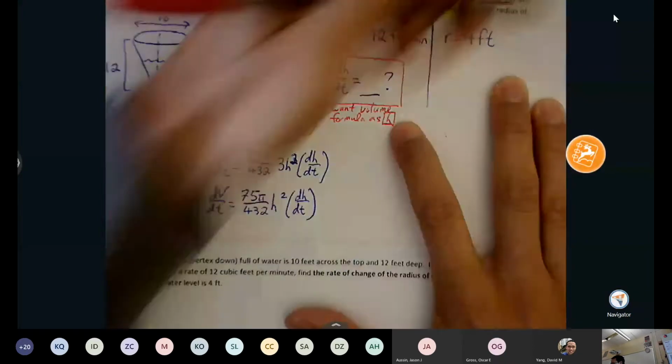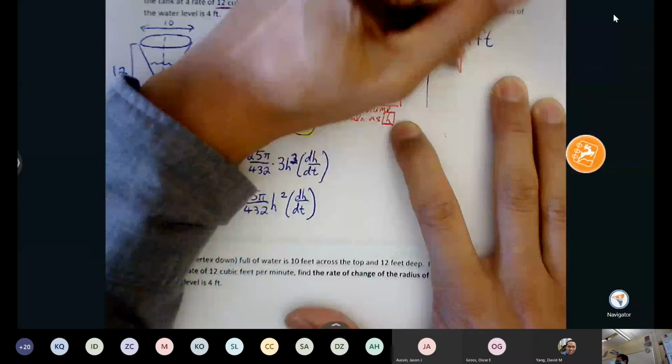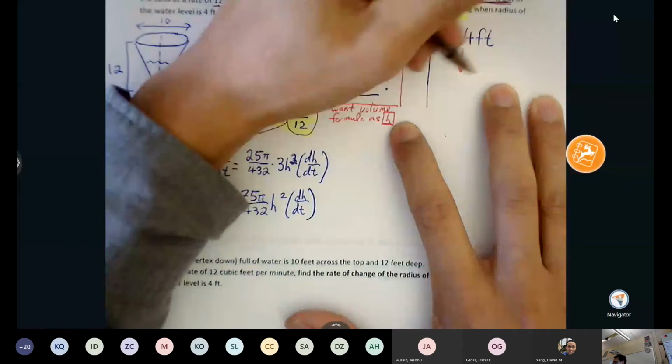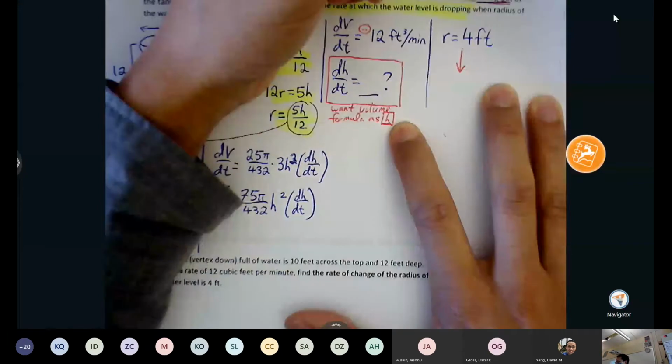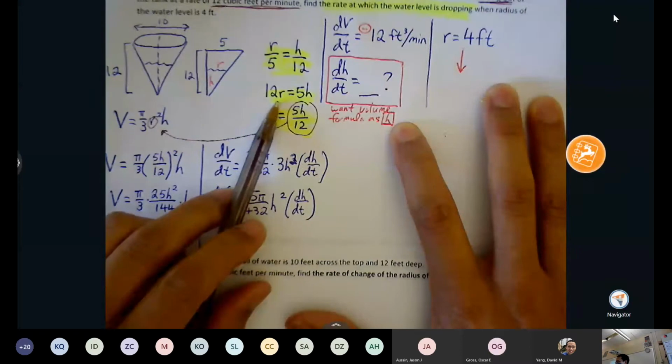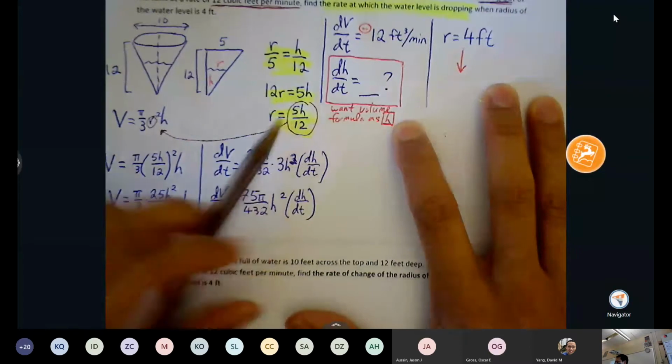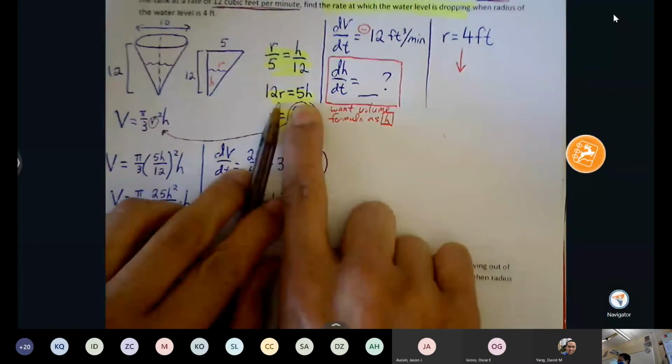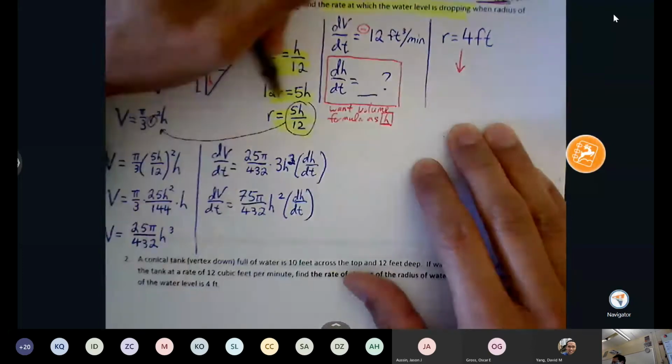So the H for R is 12 over 5. I'm just going to plug into this and then solve. But yeah, the way you're doing it works perfectly.